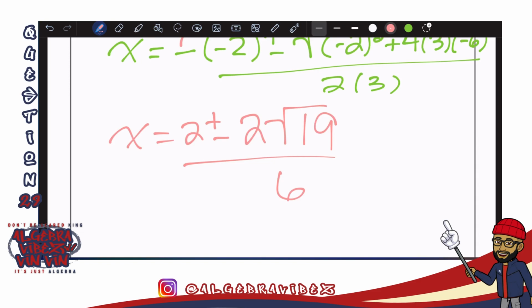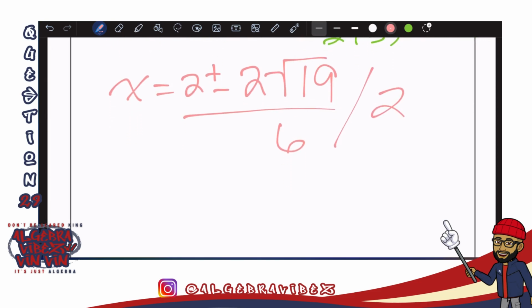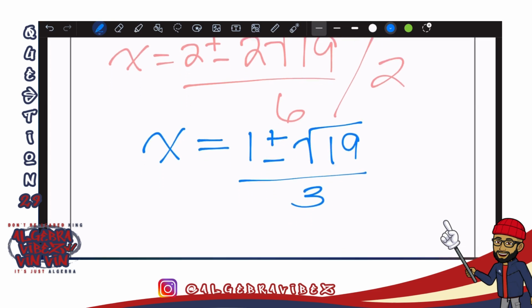So we're at the point right now where we have to look at this and figure out how to simplify this even more. So we're going to simplify the expression by dividing all of this by 2. All right. When we divide by 2, it's going to now leave us with something a little nicer, which is going to be x is equal to 1 plus or minus the square root of 19 divided by 3.